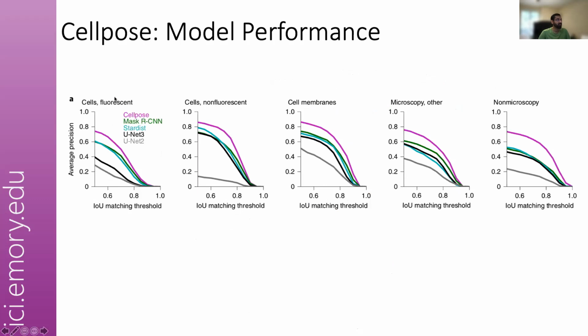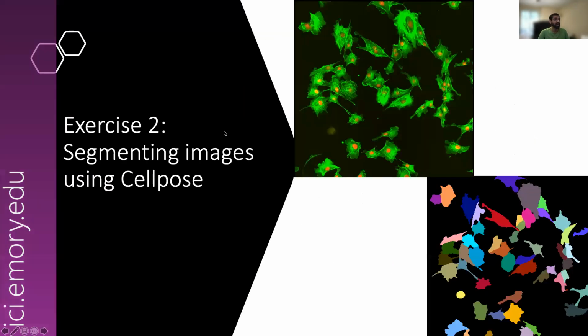You can use that for an entire cell, and you can also use that for the nuclei within Cellpose now, or nuclei within the cells. So what we'll do in terms of exercise is segment images based on Cellpose. So you can go from something like this to getting something like this, okay?